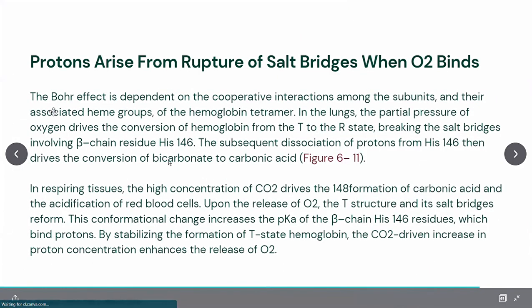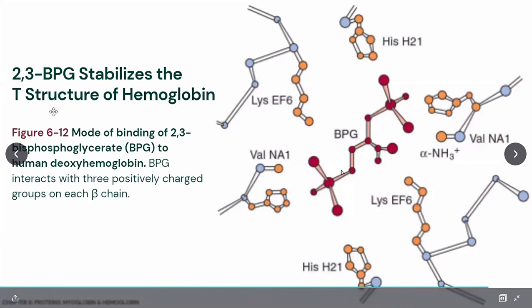So protons arise from rupture of salt bridges when oxygen binds. So protons are released. This is your 2,3-BPG, which stabilizes.